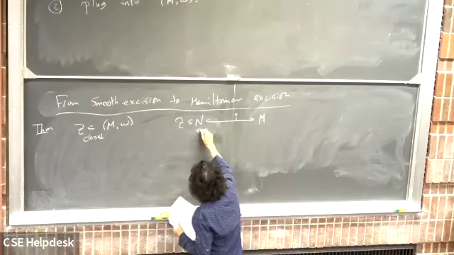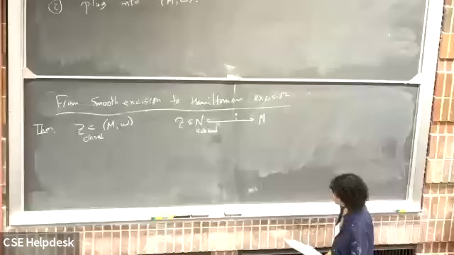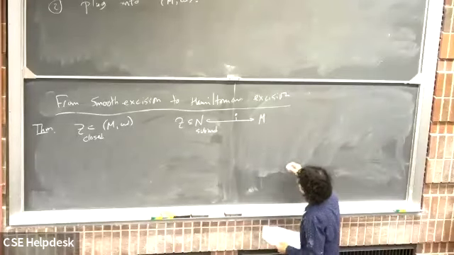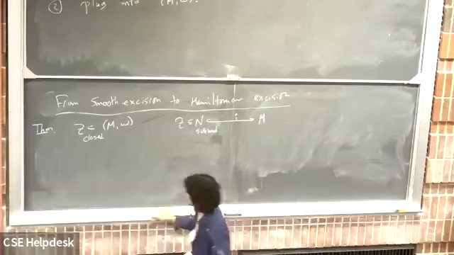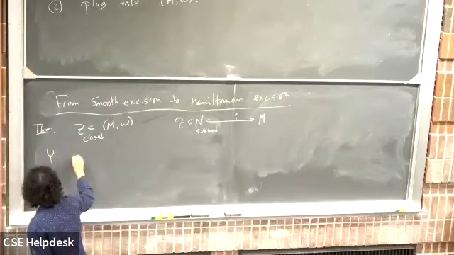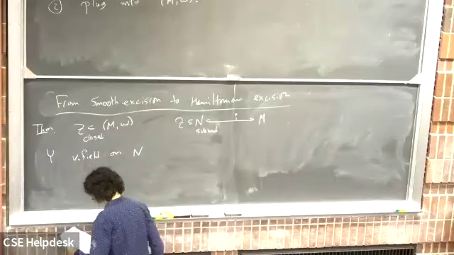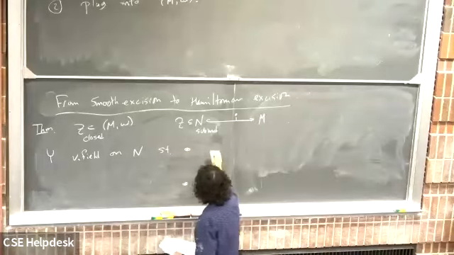Here's the inclusion map, and we're given an excision along this submanifold, given by a vector field y. This is assumed to satisfy two assumptions.